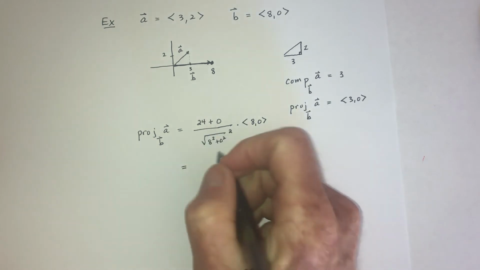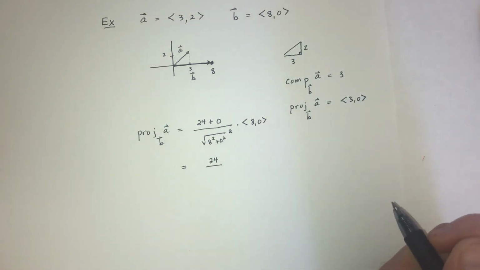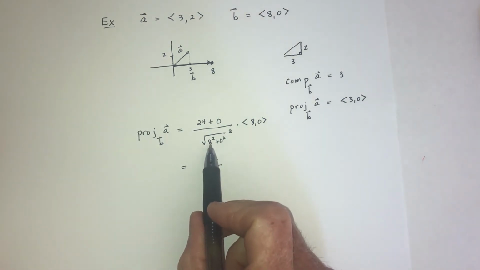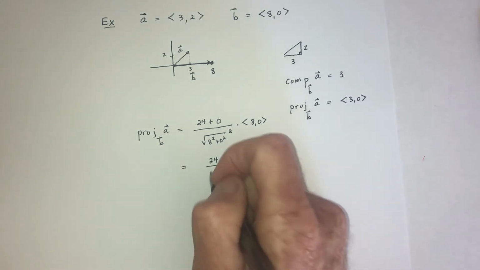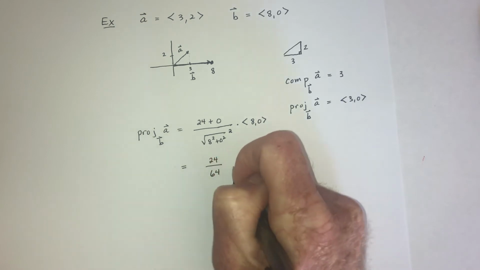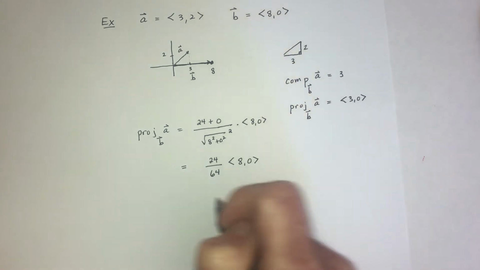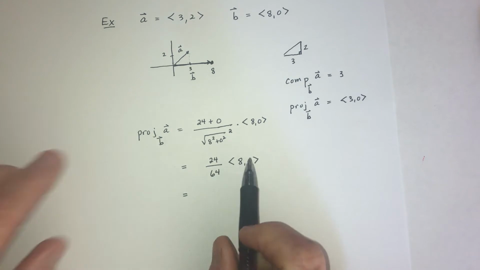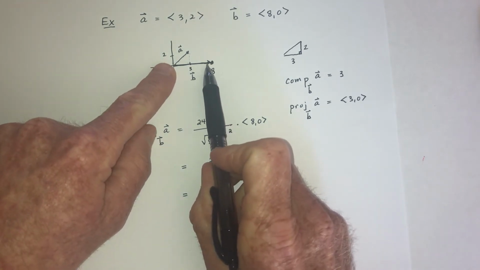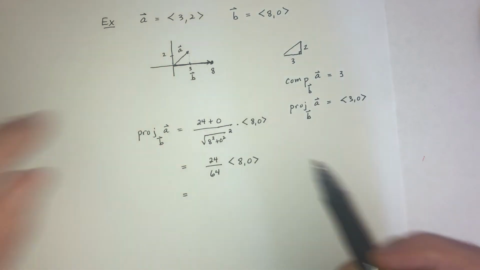So let's see, 24 plus 0, I can do that without a calculator. And then this would be 64. You square it, that's, or square root it, that's an 8. You square it, that's a 64. So it's basically saying you need to find this fraction of the original vector. So that's what I was saying. You're taking this vector and then you're making a fraction of that so that it squishes down to be this vector.